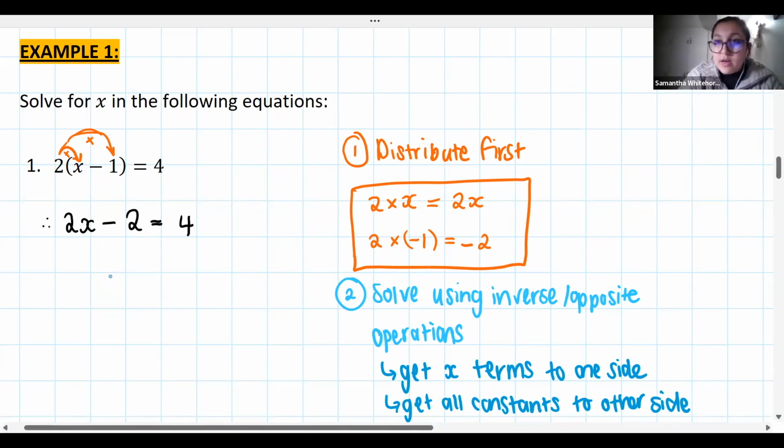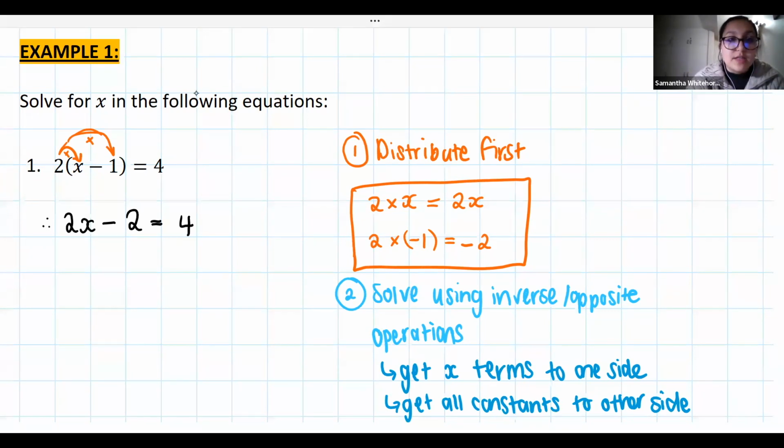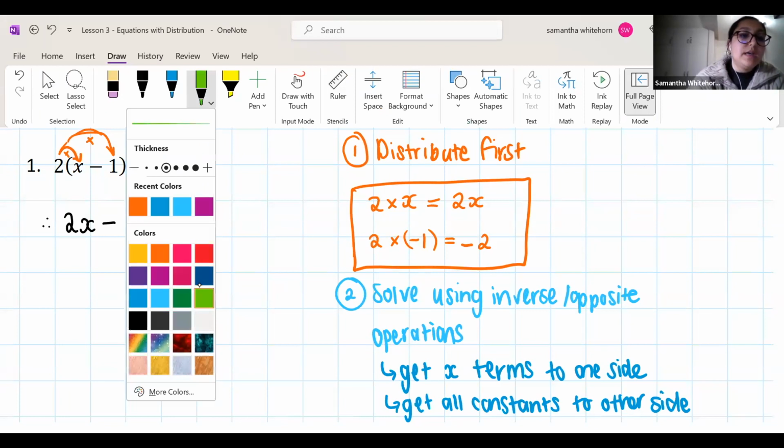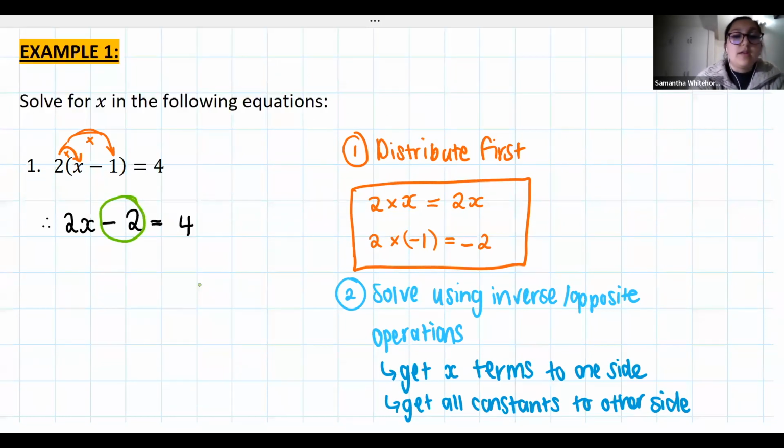And this is now where the inverse operations comes in. So I'm happy with 2x on the left-hand side. What I'm not happy with is this negative 2 on the left. So I want to bring it over to join the constant 4. The second you move a term over the equal sign, you need to be using your inverse or opposite operations.